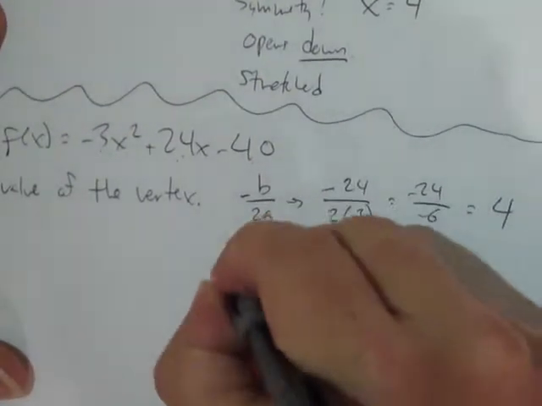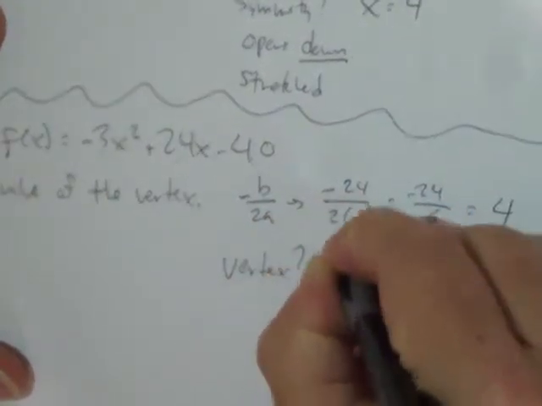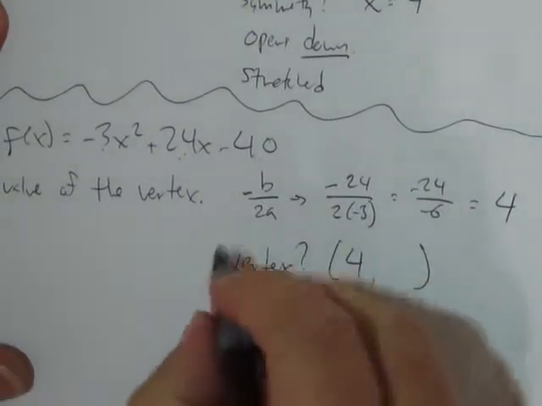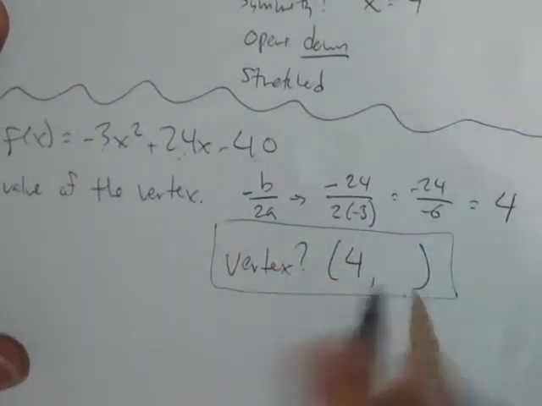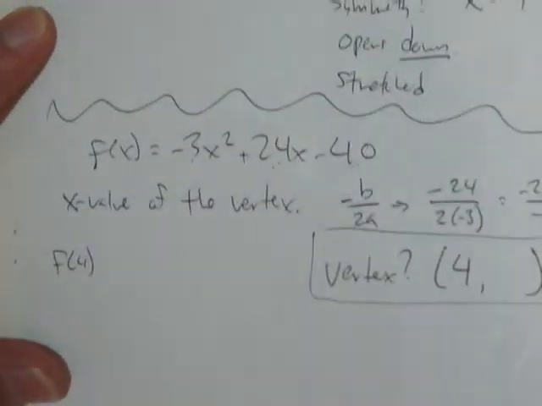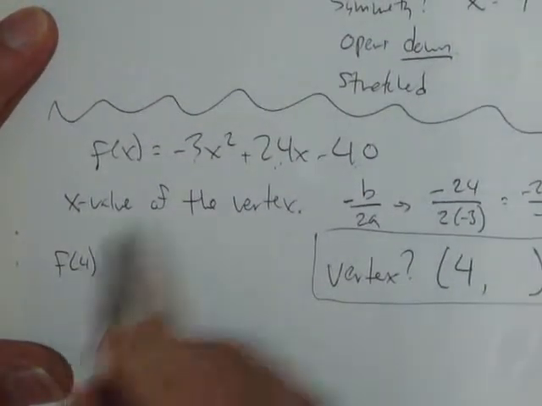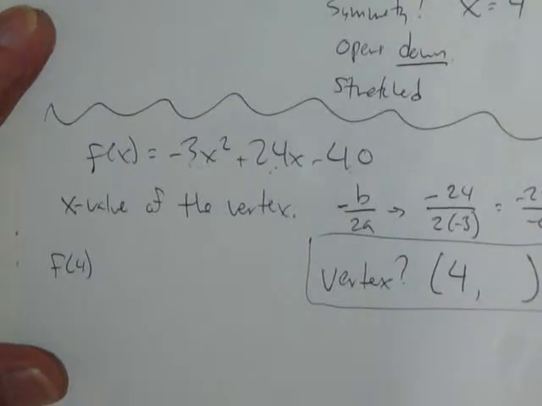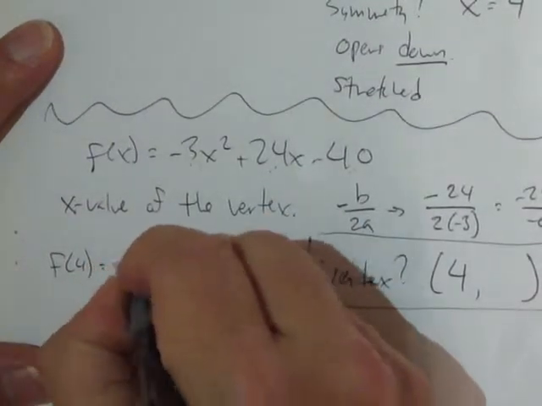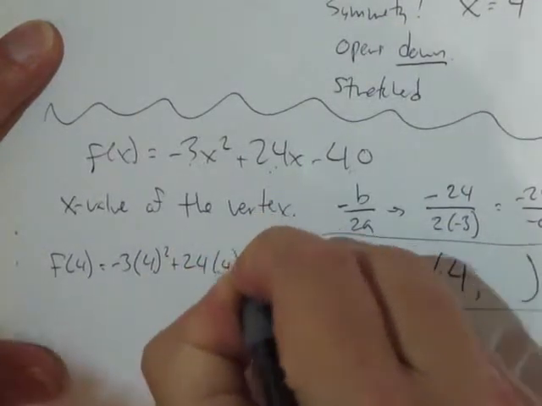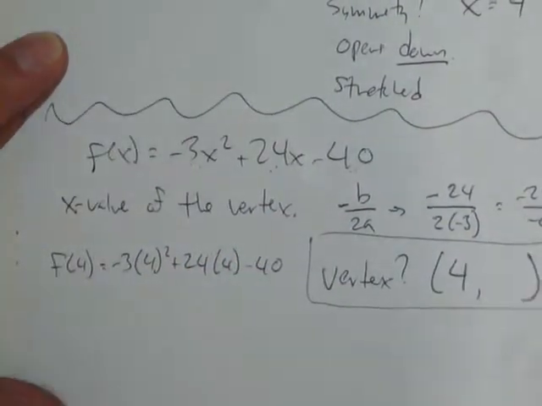We're trying to find a vertex. We have the 4 now. Now we just need the other number. Let's do f of 4. Plug in 4, and that'll give us our y value. When x is 4, what's y? Let's do it: negative 3 times 4 squared plus 24 times 4 minus 40.